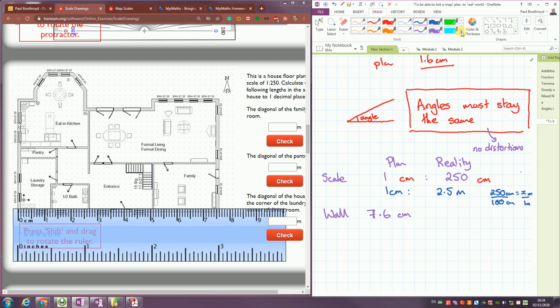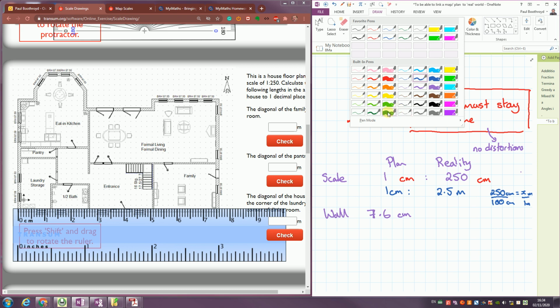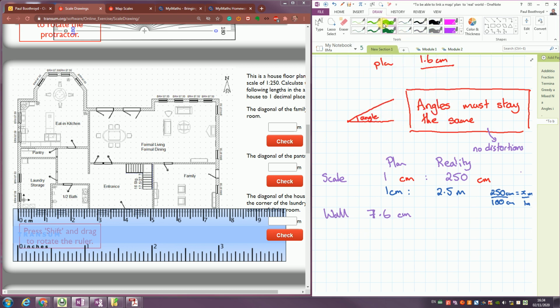Now, a quick thought means I can actually do this number quite nicely by using arithmetic. If I want two lots of 7.6, that's going to give me 15.2, and I want to add to that half, which is 3.8.